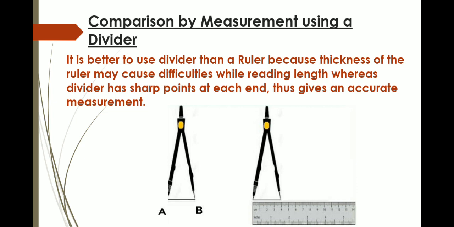To measure the line segment AB, place the end point of one of its arms at A and the end point of the second arm at B. Without disturbing the opening of the divider, lift the divider and place it on the ruler. Ensure that one end point is at the 0 mark of the ruler. Then read the mark against the other point.